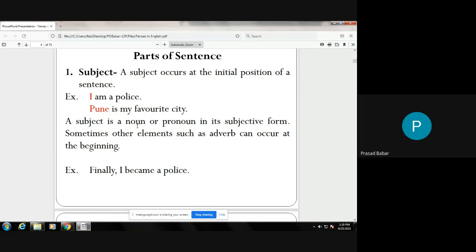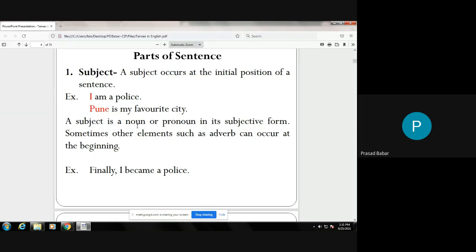There are pronouns. How many pronouns are there? I, we, you, he, she, it, they. These are the pronouns. And what are its subjective forms, or what is its subjective case? We have learned it in the parts of speech.